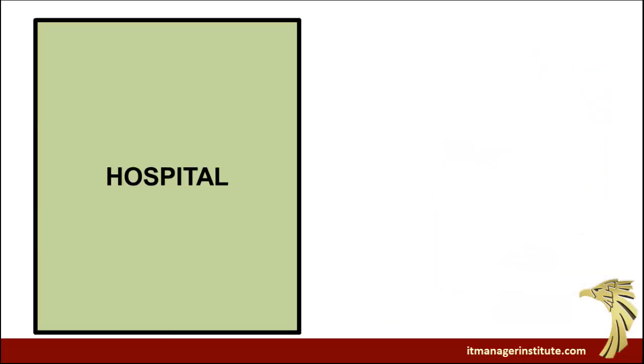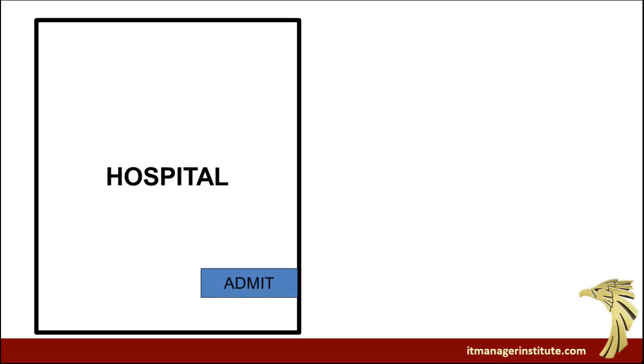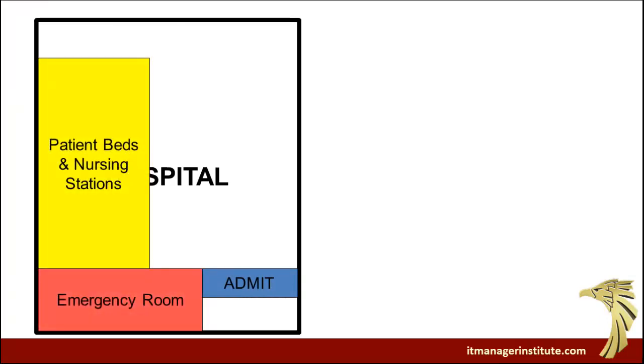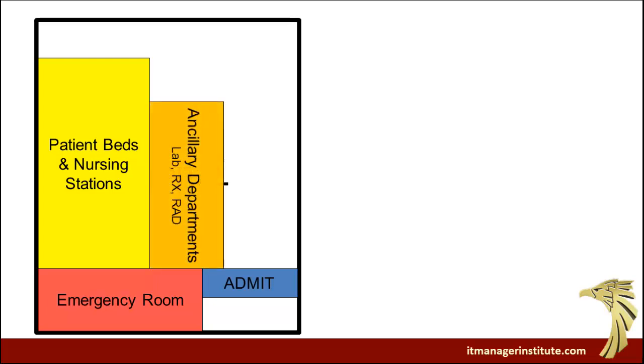All right, let's take a look at a hospital so you have a feel for this. If you look at a hospital, you have admissions, you have an emergency room, you have patient beds and nursing stations where all the patients are. You have ancillary departments like lab, pharmacy, radiology. You might have a surgery center, or you probably do have a surgery center.